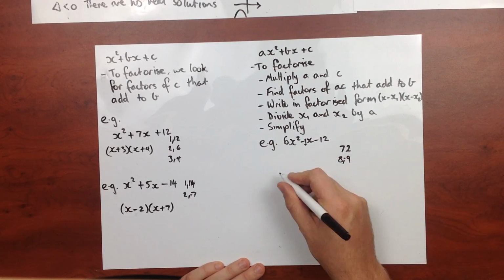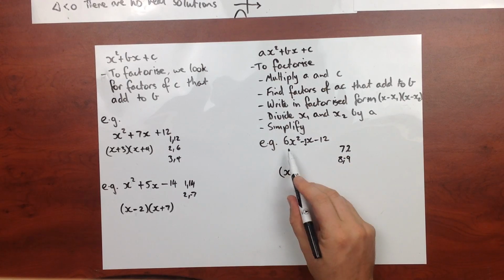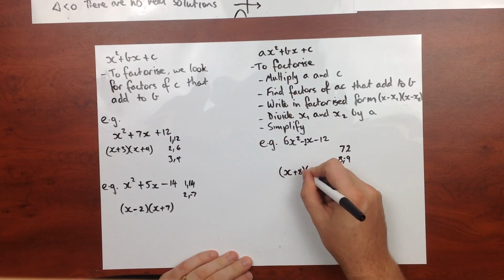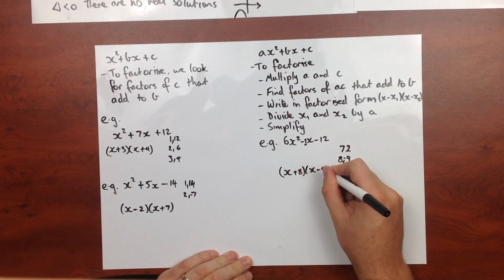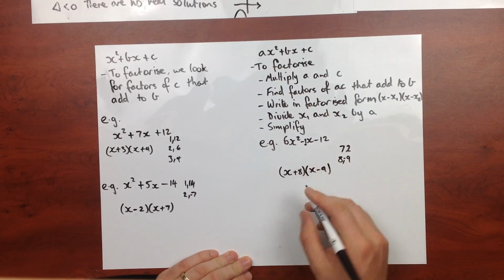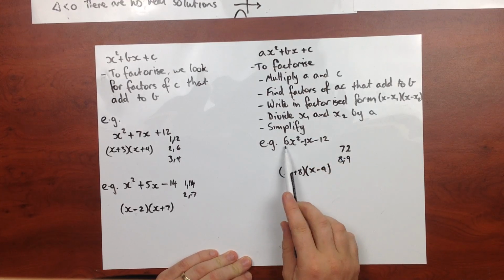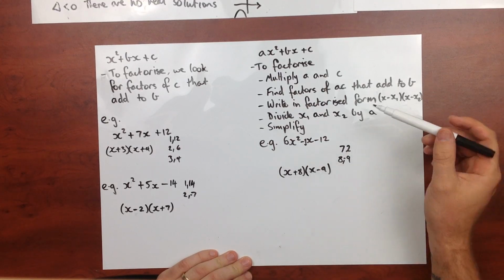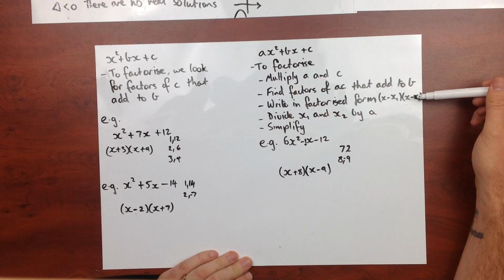So what we do then is factorise it, ignoring anything else, just using these ones. So we write it as x plus 8 and x take 9. Now we're not finished yet, because if we were to expand that out, we're certainly not going to get back to this, which is what we need. So we've done this step of writing a factorised form.